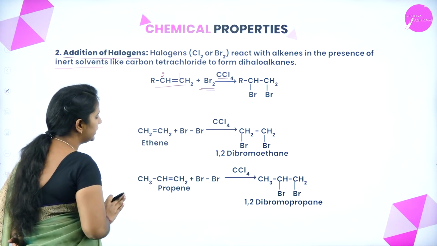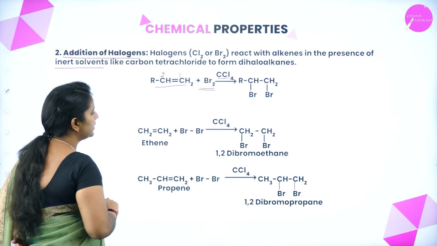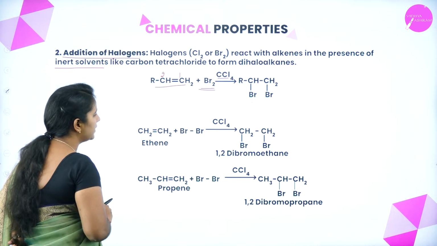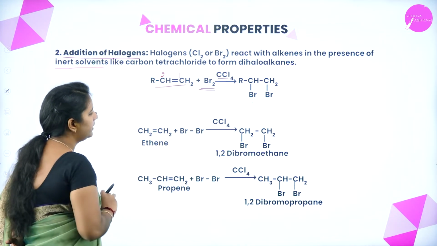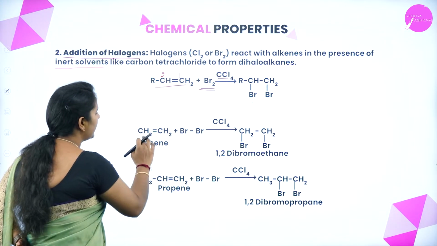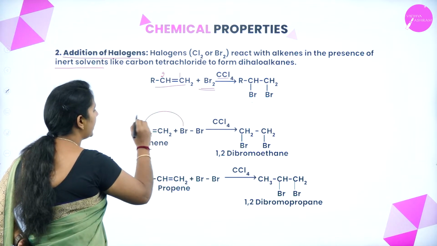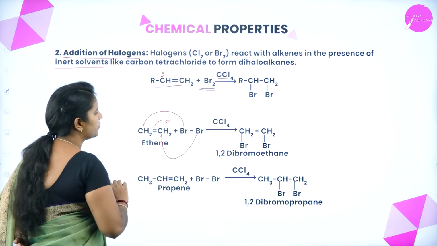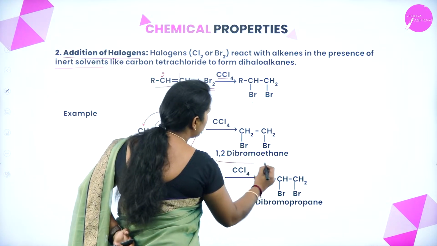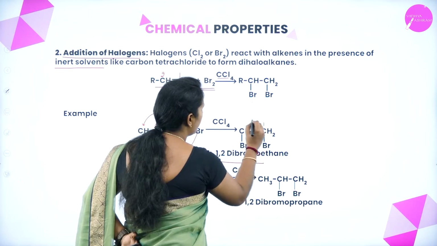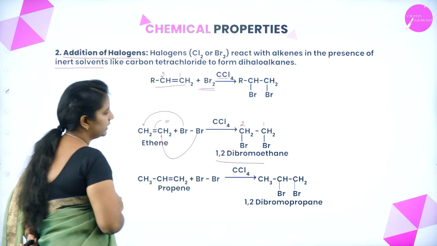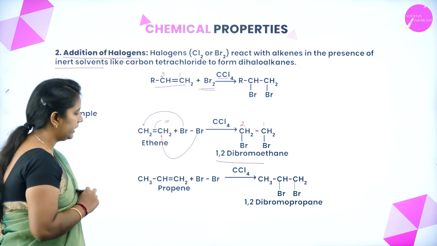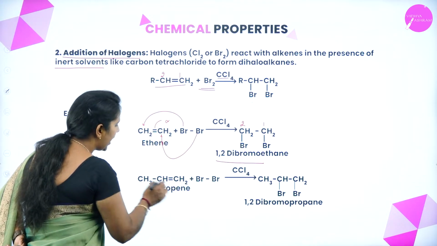You can take one example for this. Here I have considered ethene, which reacts with the dihalogen, that is bromine. In presence of carbon tetrachloride, it will add bromine to the first and second carbon atom and break this bond to form 1,2 dibromoethane. Similarly, I have propene.